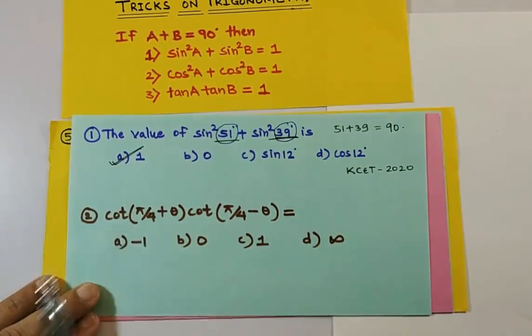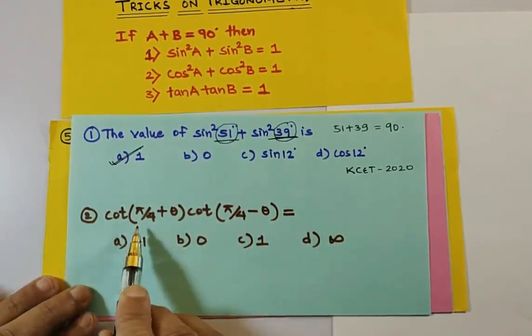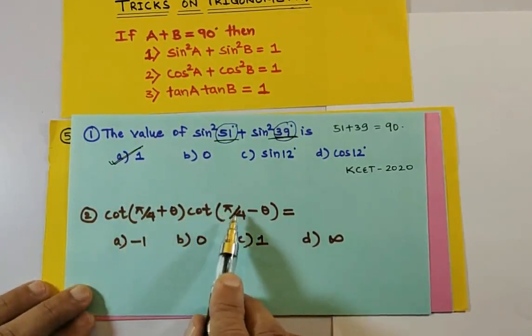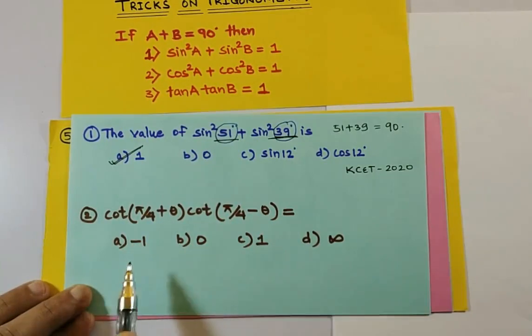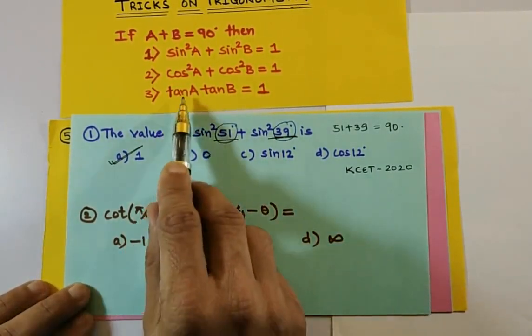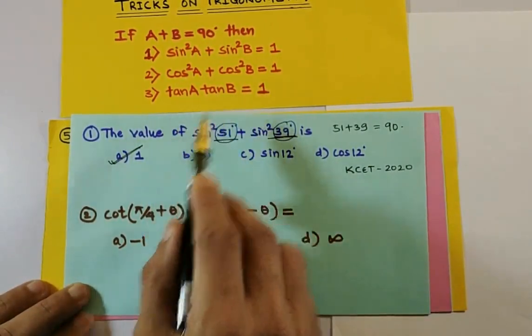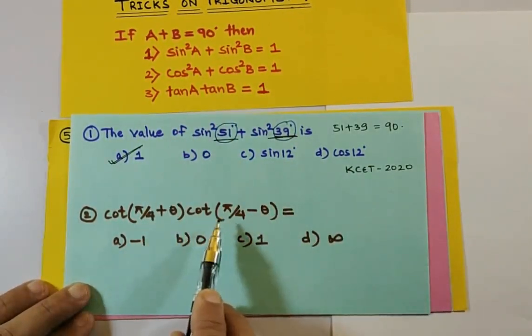Similarly, the second one: cot of pi by 4 plus theta into cot of pi by 4 minus theta is equal to, he has given options. Now instead of tan, he has given cot, meaning this condition you can apply for cot over here.